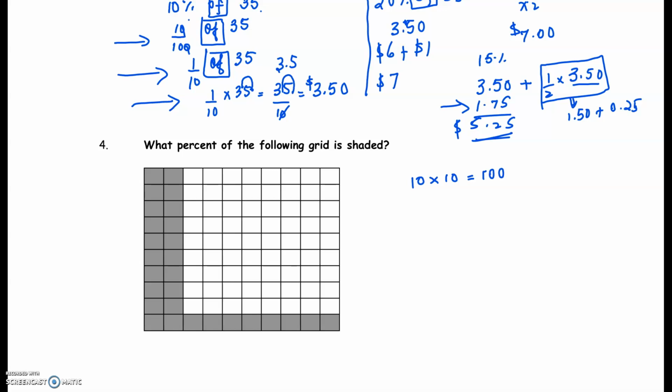Just don't double count anything. So 10 here and 10 here, so that's 20, and it's not all of 10 but only 8, so that's 10 plus 10 plus 8 squares shaded, so that's 28 out of a total of 100 squares.